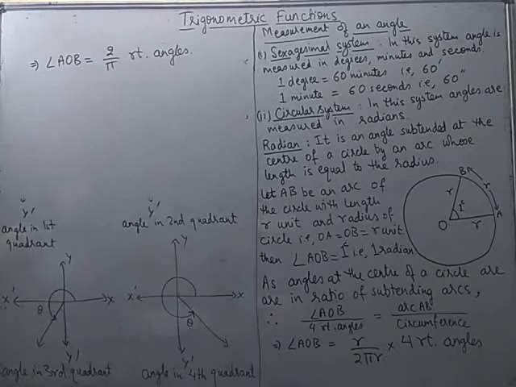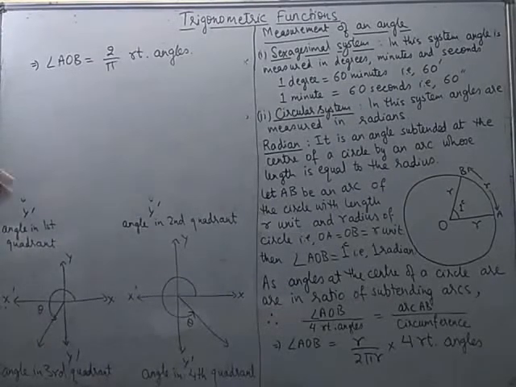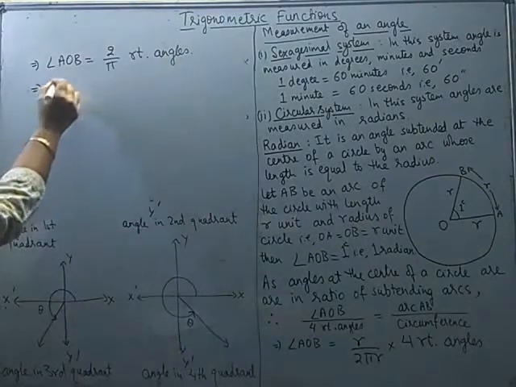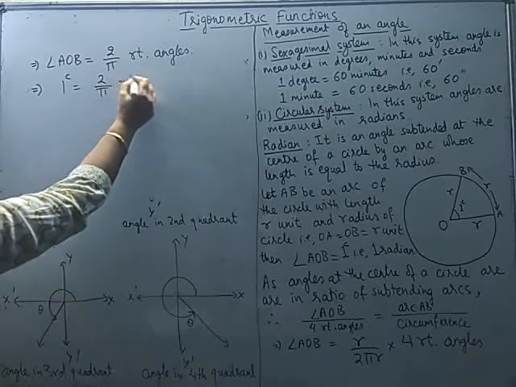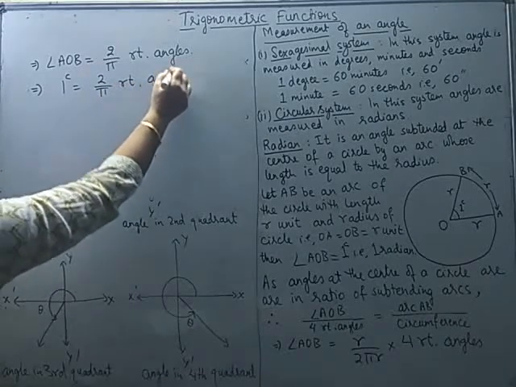So every time the angle which will be subtended at the center by a certain arc can be defined in this manner. Okay, for 1 radian we have already taken the condition as the arc length and the radius of the circles have to be same. So now we know that, because over there we calculated angle AOB to be 1 radian. So what are we getting? 1 radian is equal to 2 over pi right angles.